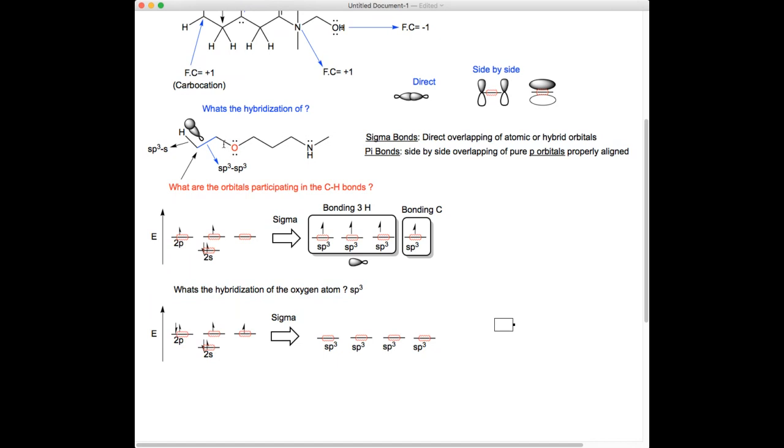So in the case of oxygen, no pi bonds, so oxygen is going to hybridize its 4 atomic orbitals, getting 4 sp3 hybrid orbitals.